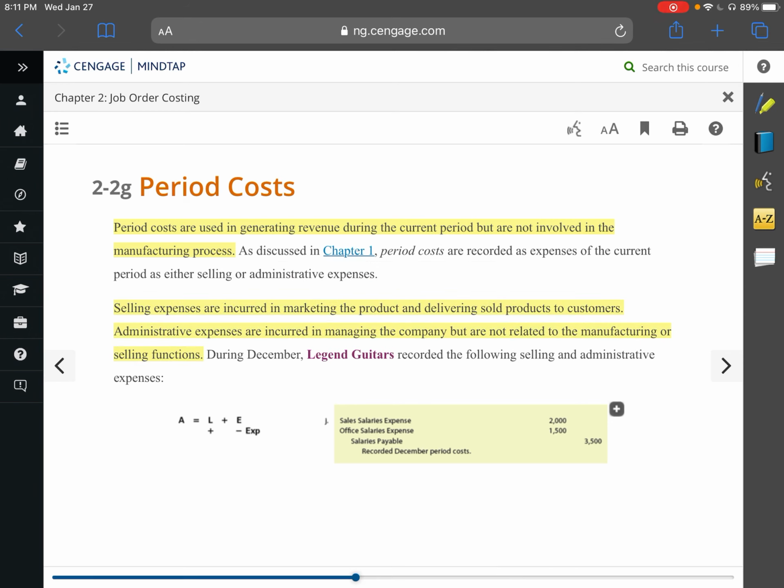All right, so those are all expenses. Sales salaries expense and office salaries expense are debited to increase. And then how would we pay those salaries? With salaries payable, which is a liability. So that's why we have salaries payable credited in this example right here.